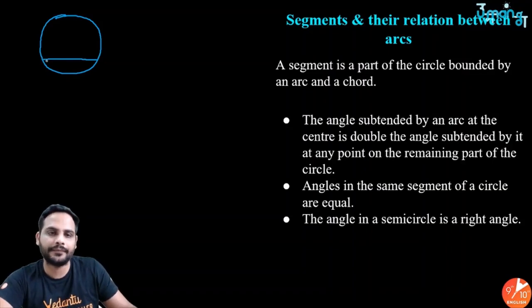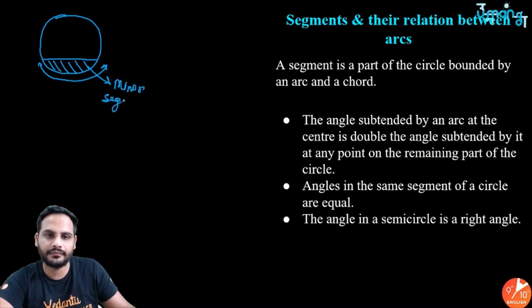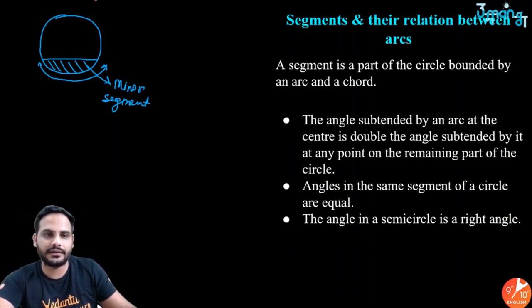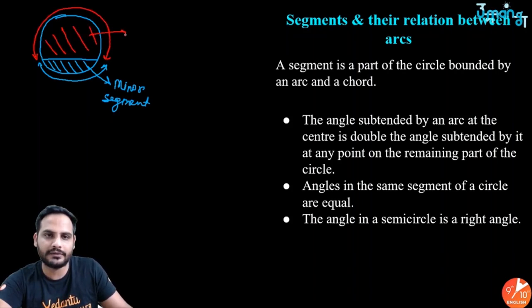The part of the circle between this minor arc and this chord will be called the minor segment. And the part between the major arc and the chord will be called the major segment.